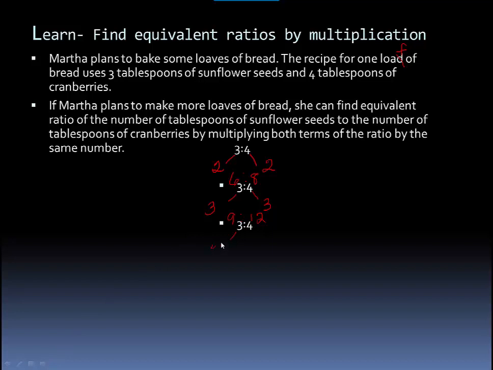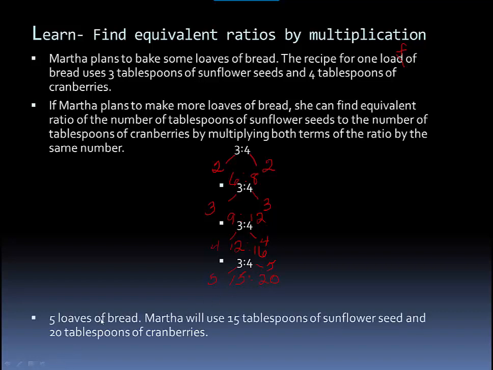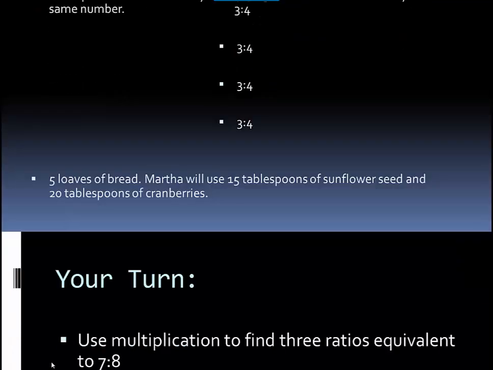She wants to make 4 loaves: 12 to 16, we're just multiplying. She wants to make 5 loaves. 3 times 5 is 15, 4 times 5 is 20. So for 5 loaves of bread, Martha will use 15 tablespoons of sunflower seeds and 20 tablespoons of cranberries.